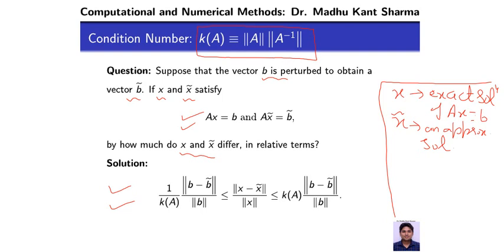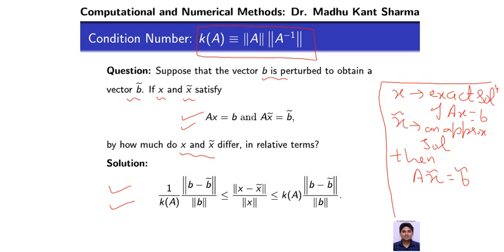If you perform AX tilde, you get a new vector B tilde, and you wish to see how close B tilde is to the vector B.